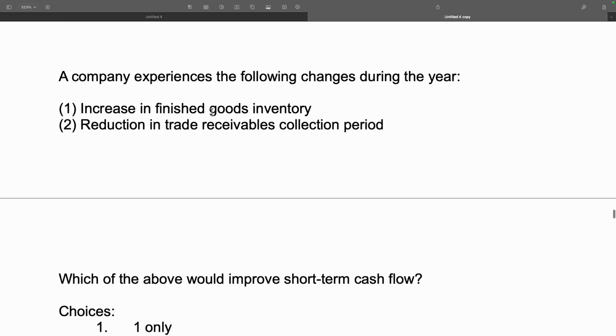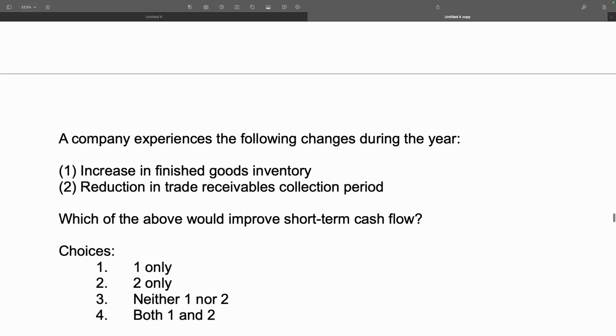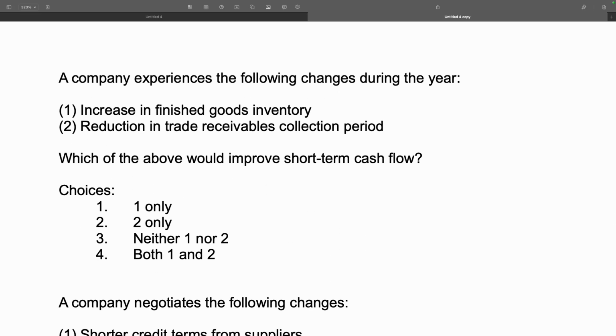Now let's have a look at this part. A company experiences the following changes during the year: increase in finished goods inventory, and reduction in trade receivable collection period. So your inventory of finished goods goes up, and your receivable collection period goes down.